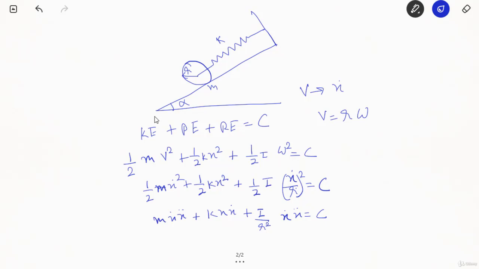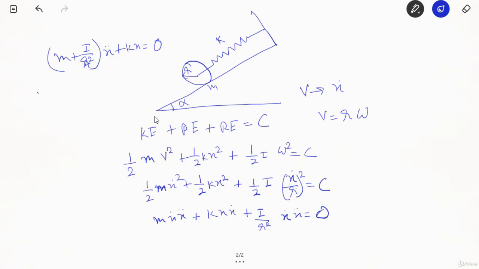Okay. Now x dot is common in all these terms, so it will get cancelled. So the equation will come out as m plus I by r square times x double dot plus kx is equal to 0, right? This is also equal to 0 upon differentiation.